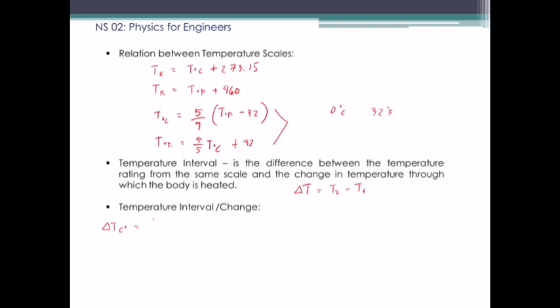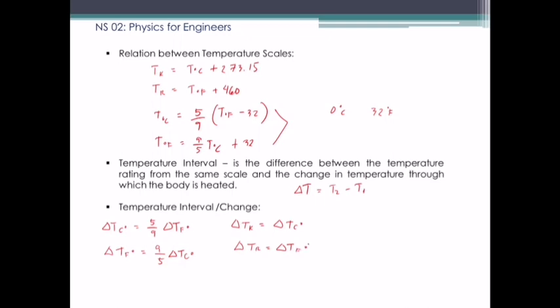It is equal to 5/9 the temperature change in Fahrenheit, or the temperature change in Fahrenheit is equal to, if we cross multiply, 9/5 the temperature change in Celsius degrees. Also, delta temperature in Kelvin is equal to the temperature change in Celsius. And the temperature change in Röntgen is equal to the temperature change in Fahrenheit.